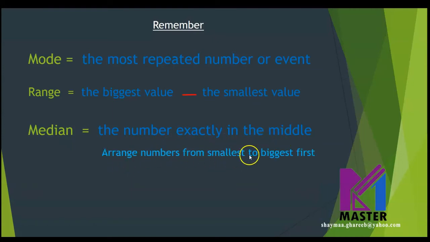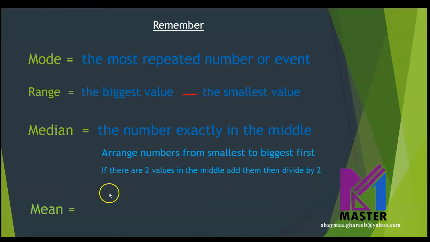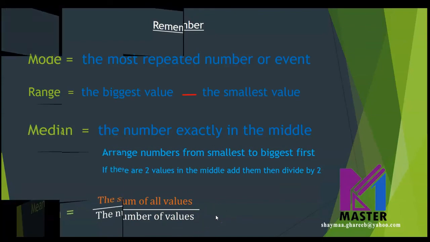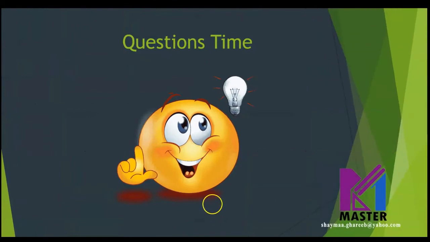Arrange numbers from smallest to biggest first. If there are two values in the middle, add them, then divide by 2. Mean, the sum of all values divided by the number of values. Is this clear? Are you ready for the questions?